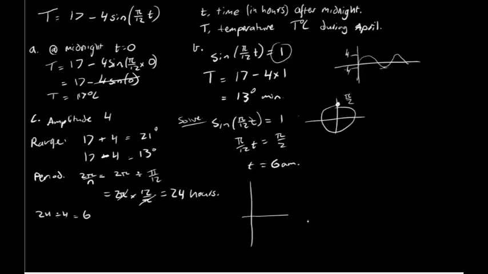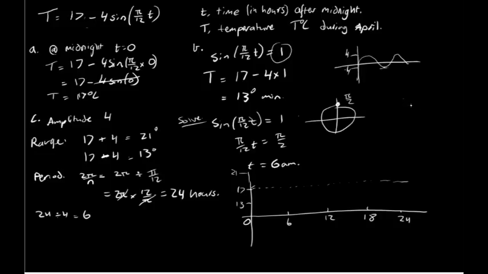Just as a quick little sketch, we've got 0 to 24 and every 6. We start at 17, we go down to 13, up to 21. We've got the sine graph, but it's a minus sine graph.